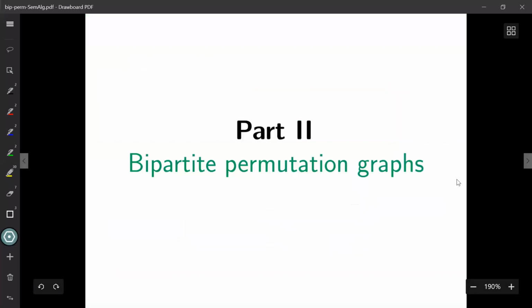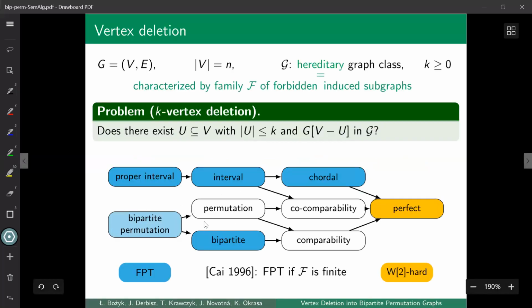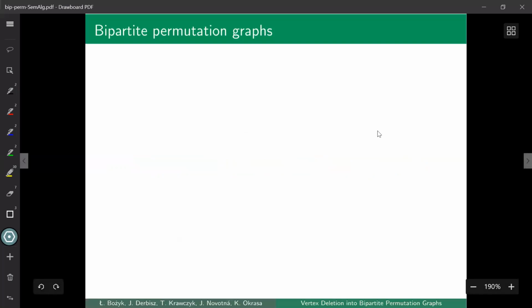Okay, so what are bipartite permutation graphs? Before I answer the question in a proper way, let me answer it in a silly way: those are the permutation graphs that are bipartite. And permutation graphs, as you can see here, are a hereditary graph class, a subclass of perfect graphs. So we can define them via forbidden induced subgraphs.